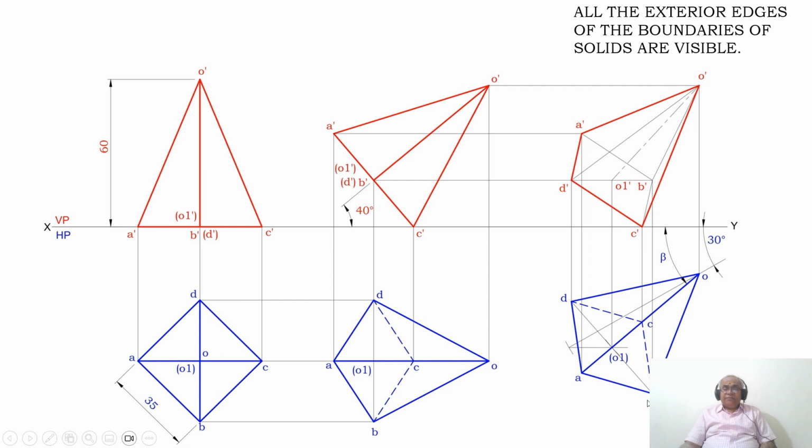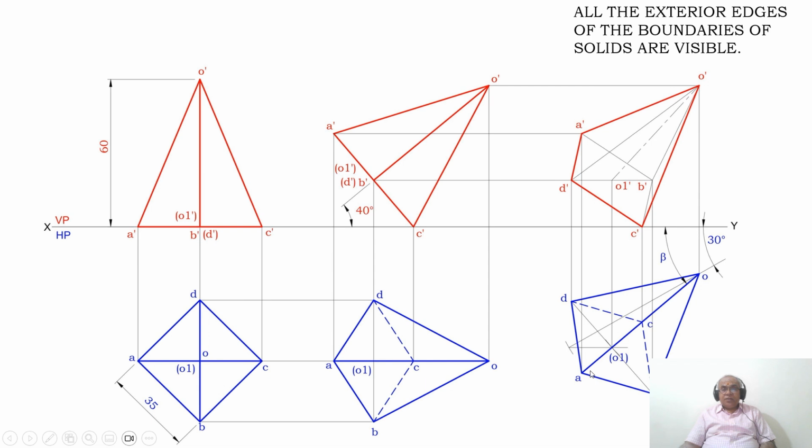Then I need to draw the front view such that the base is near to the observer. So you draw a vertical projector from A and draw a horizontal projector from A dash. Both these two lines are going to intersect at this point. You mark that point as A dash. Then draw horizontal projectors from B dash and O1 dash.